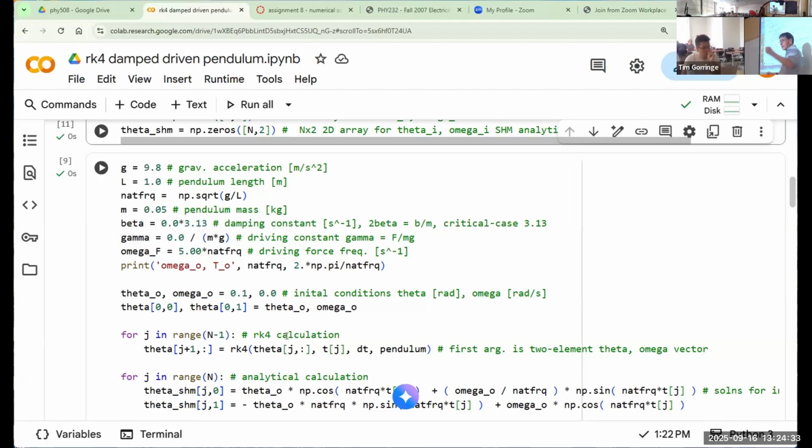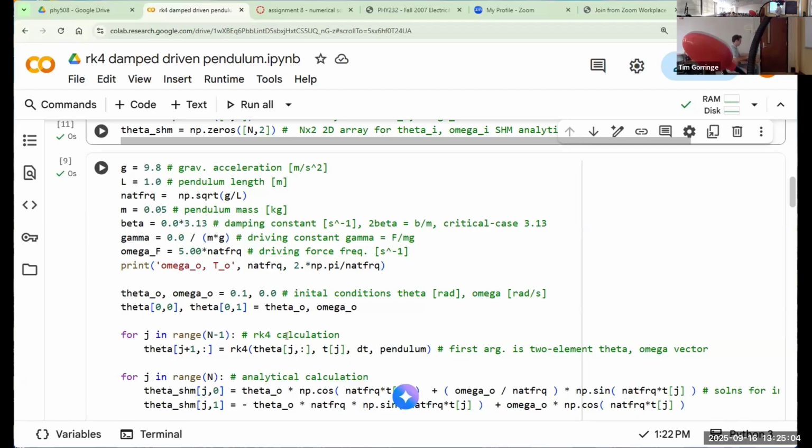So I'm displacing it by a handful of degrees from the equilibrium. I'm releasing it from rest, so omega naught is 0. And I'm setting the first element of theta to be theta naught, and the variable omega stored in that 2D array, at the first time interval, I'm going to set it to be omega naught.